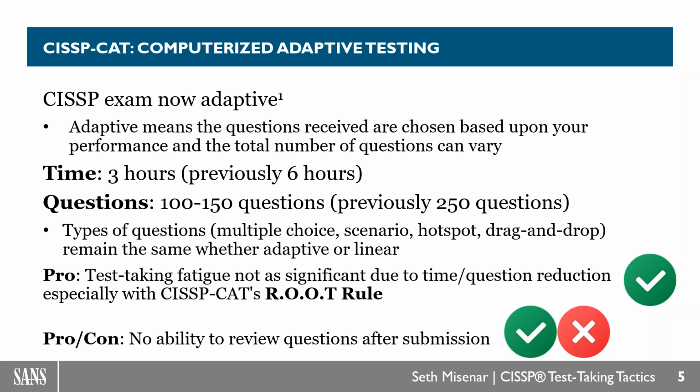Now, one heads up, if you were taking the CISSP in a language other than English, you could still be getting the linear exam. Currently, if you're taking the test in English, your only option is the adaptive exam. If you're taking it in another language, then you have some options, right? The overwhelming majority of CISSP takers and credential holders are native English speakers, so most of us will be taking the adaptive exam.